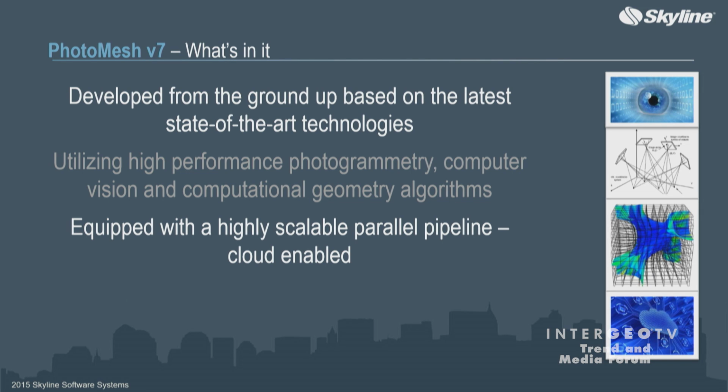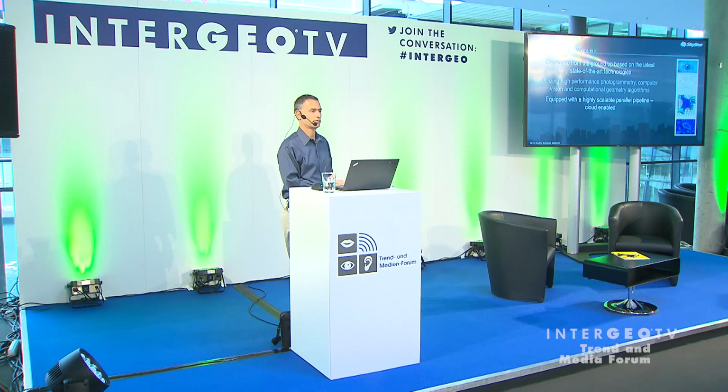PhotoMesh was developed from the ground up using state-of-the-art technology that's available today. And it was designed from the start to be able to handle the massive amounts of images. And we're talking about tens of thousands, hundreds of thousands of images per project potentially.